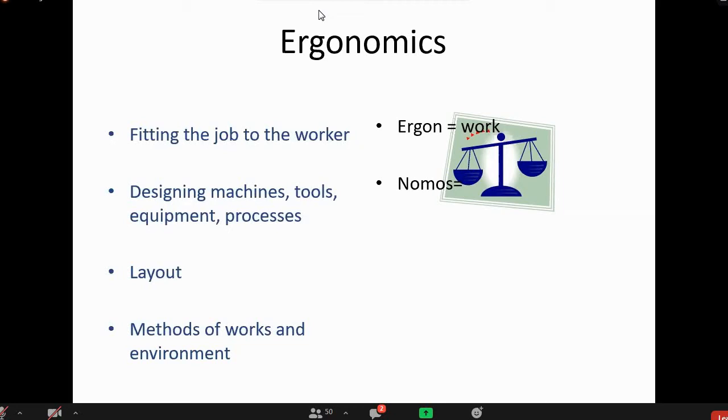And when we talk about layout, for example, in a post office, when a person is stamping the envelopes, if the envelopes are not placed in the right position for the worker to approach them, if he has to walk all the way to the other end to get that envelope, and then he comes back, and then he stamps, and then he goes back, it is going to affect him.